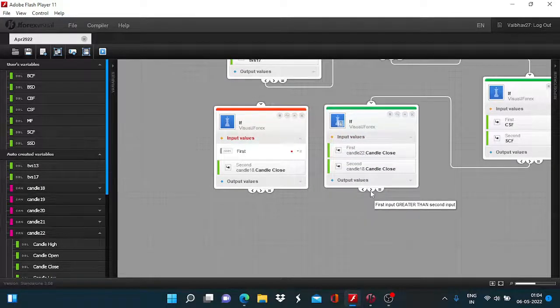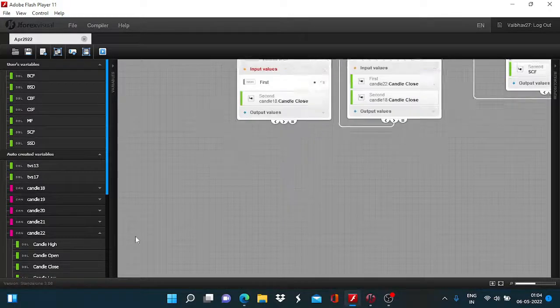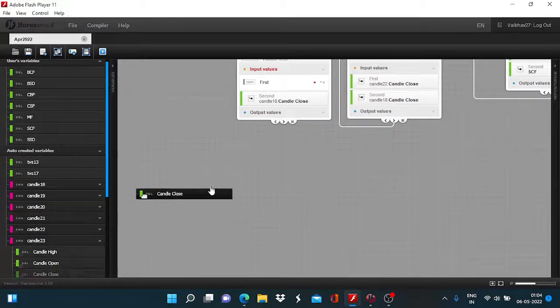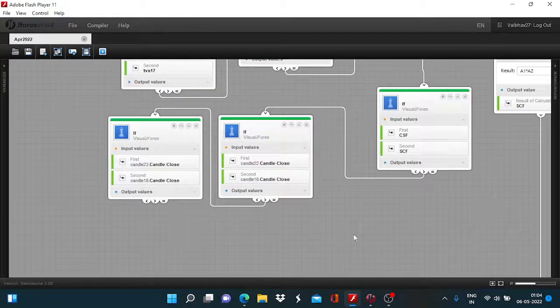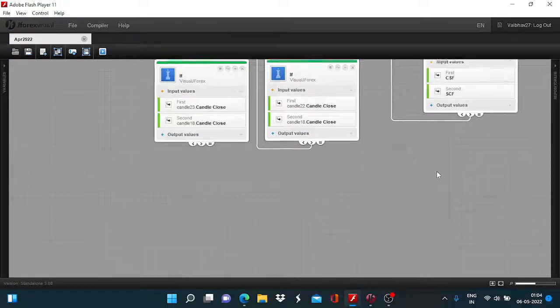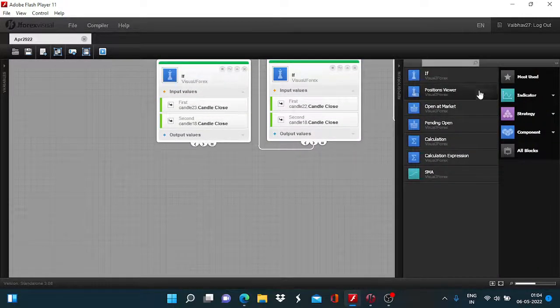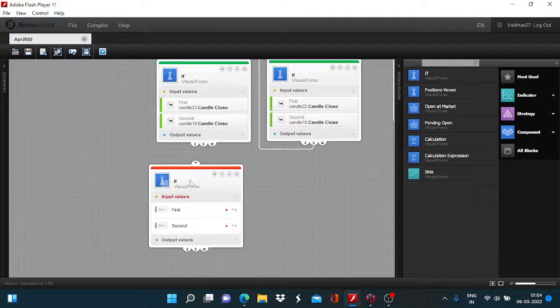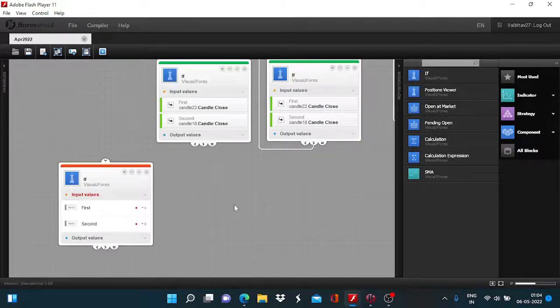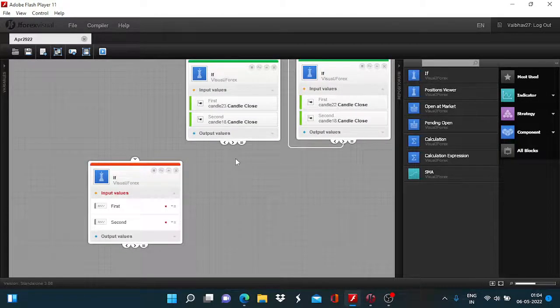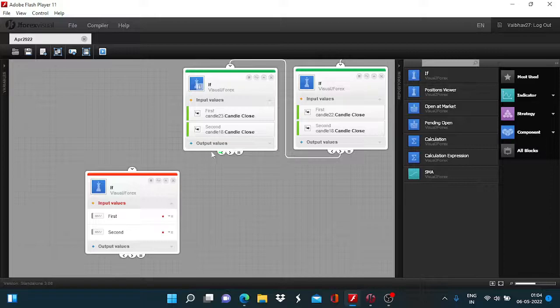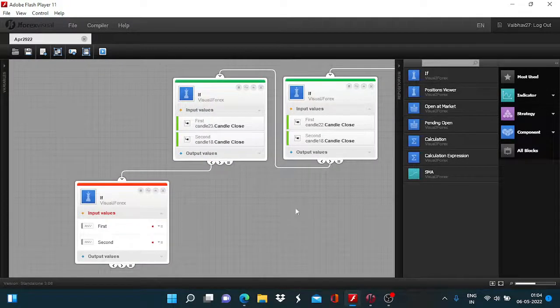First input greater than second input, and here in this case first input less than second input. Okay.